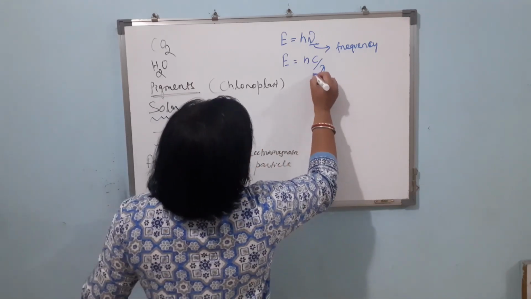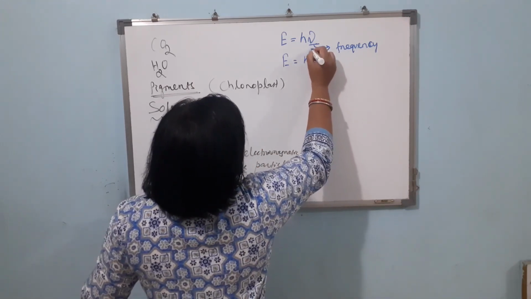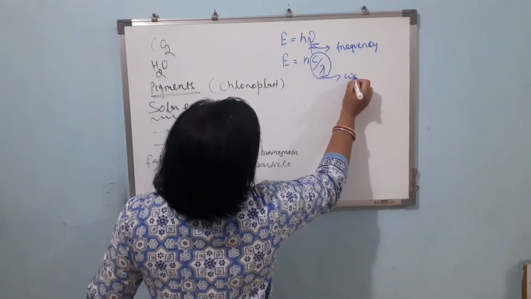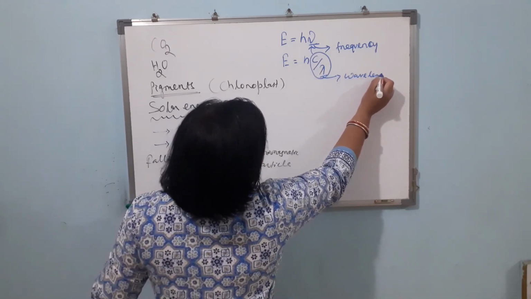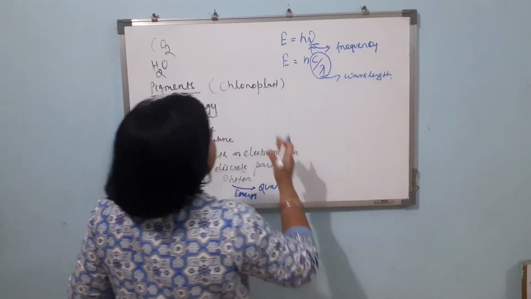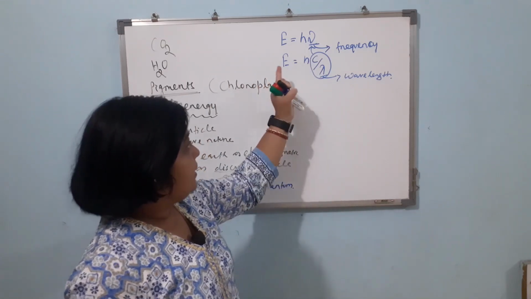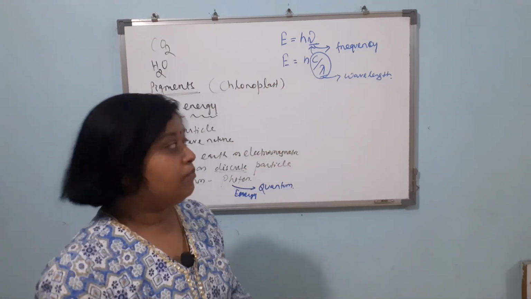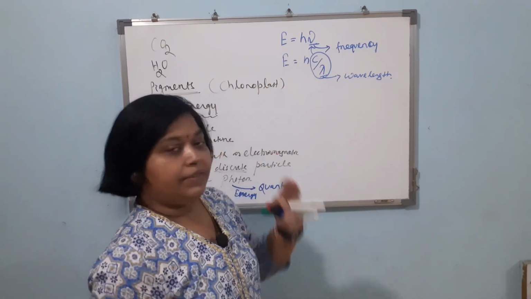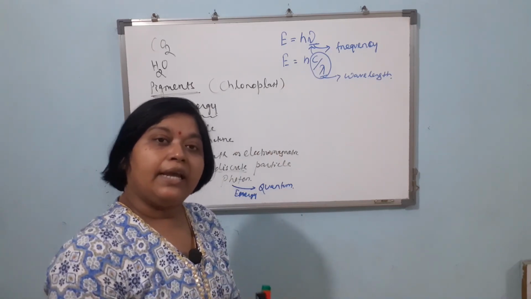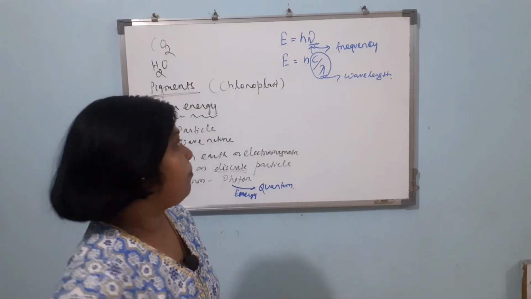The c by lambda is nu, and lambda is wavelength. It means this energy is directly proportional to frequency and inversely proportional to wavelength. It means the shorter the wavelength, the higher the electromagnetic energy.